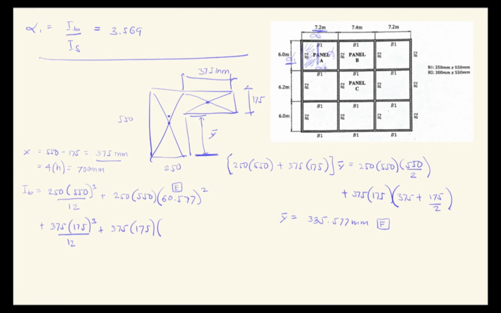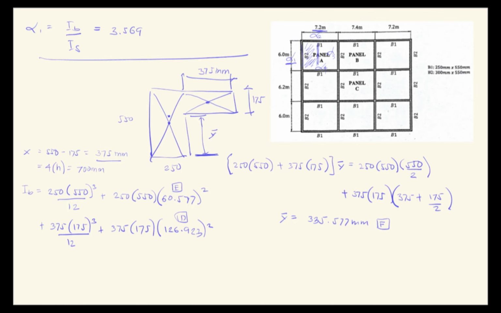So that is 550 minus y bar, minus half of 175, that will give us 126.923 squared.